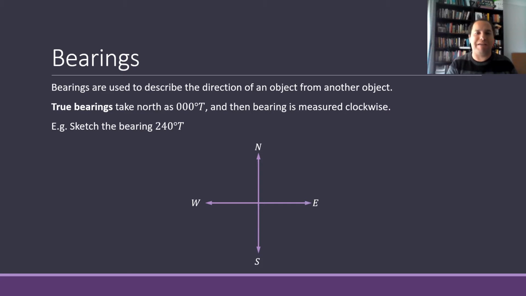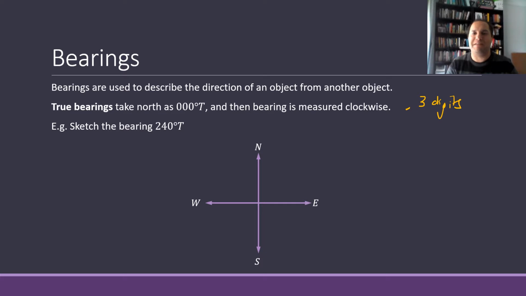True bearings are one way of describing directions. True bearings take north as 000 degrees true, and then the bearing is measured clockwise. A few things with bearings: it always has 3 digits, so 000 is taken as north, and northeast would be 045 degrees.